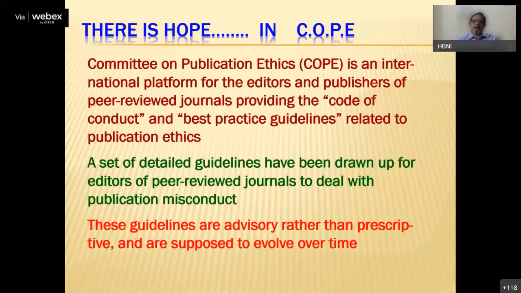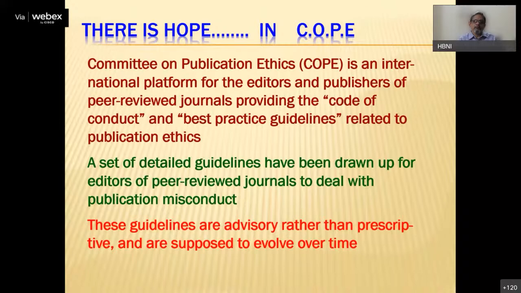And by and large, as I said, most of the journals and their editors have agreed to follow these guidelines. And not only guidelines, this organization COPE even prescribes what actions one can take with respect to specific cases of publication misconduct.